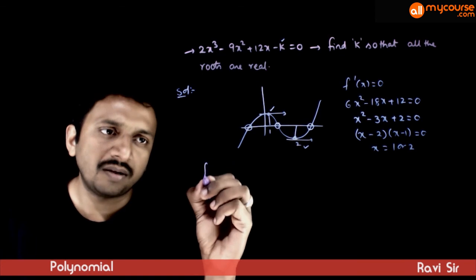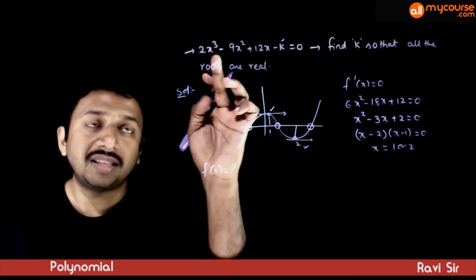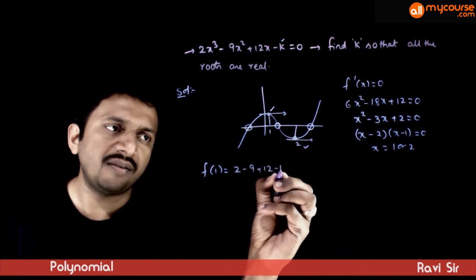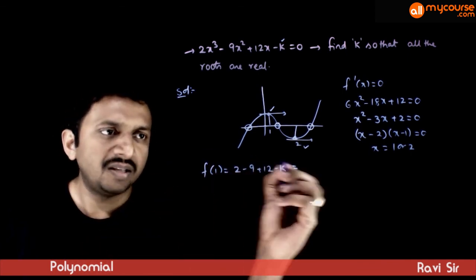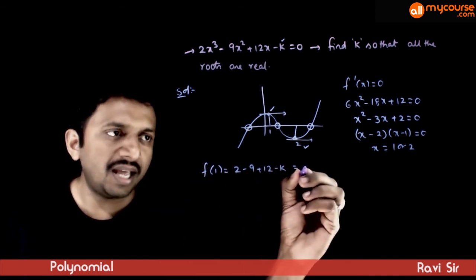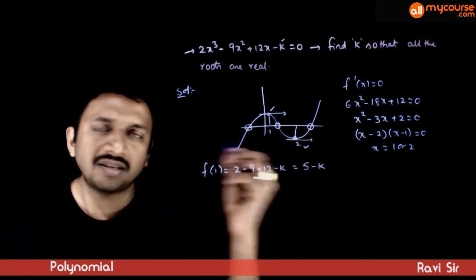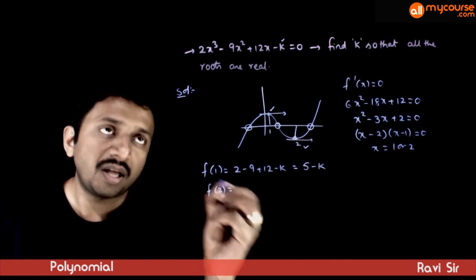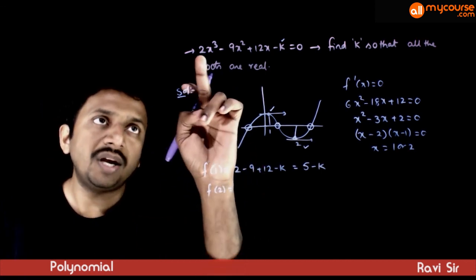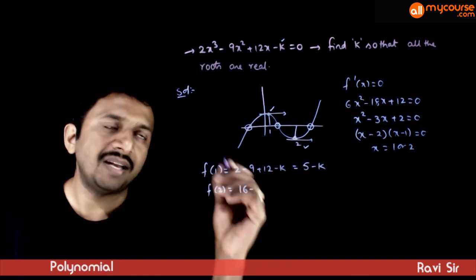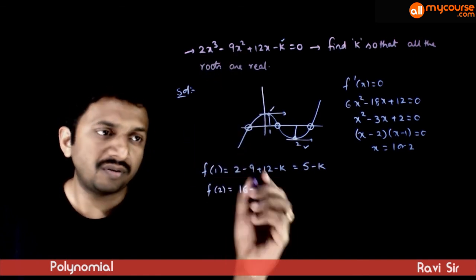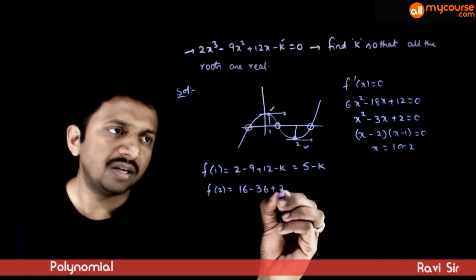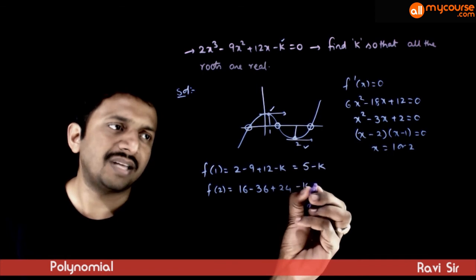So what is f of 1? f of 1 is nothing but 2 minus 9 plus 12 minus k. That is equal to 14 minus 9, 5 minus k. Now what is f of 2? f of 2 is 2 into 8, 16 minus 9 into 4, 36 plus 12 into 2, 24 minus k.